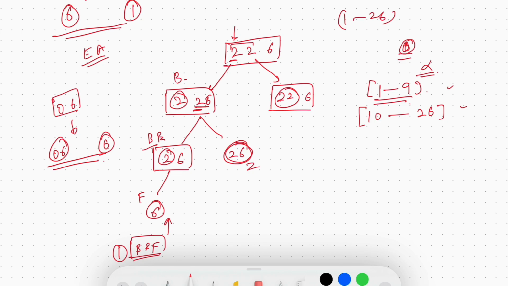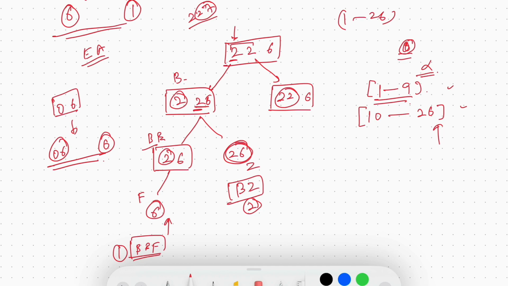Let's say if it was 227, then 27 is not a proper value. In that case we cannot convert 27 to a character because it's going out of the limit. Here it is 26, so we can take that. So the second option is BZ.